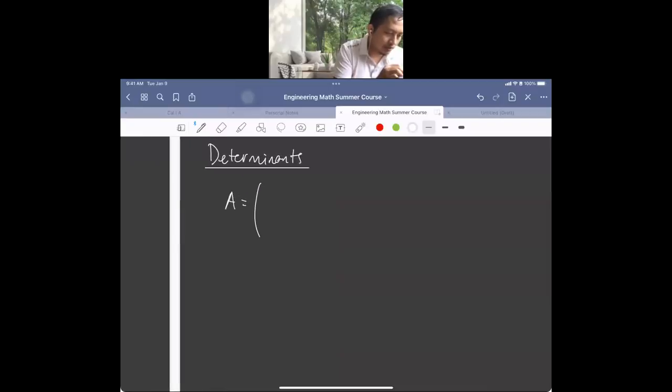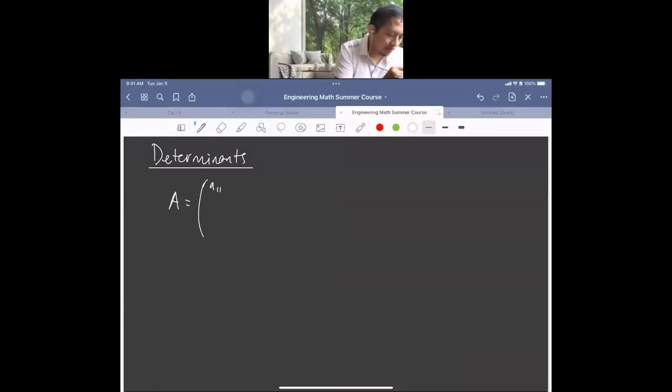So usually we can write the determinant as, if we have a matrix A with entries A11, A12, and so on up to n, the same n by n, with the same number of rows and columns.